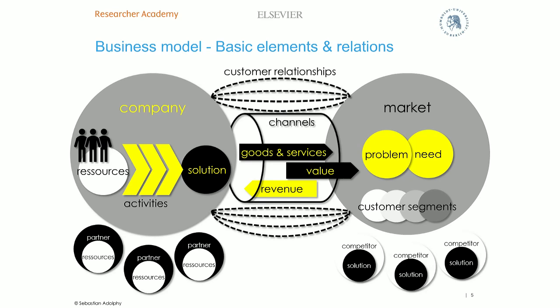These sales and buying processes typically are within the channels which are established between the company and the market. So you can have online distribution, or you can have retail stores, or different kind of channels in order to facilitate this transaction. In addition, you typically have different other customer relationships.